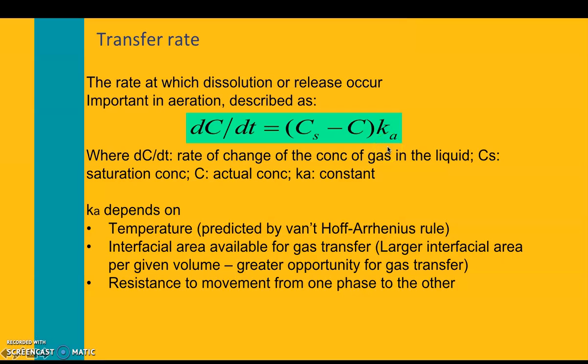Ka is a constant that depends on temperature, following the Arrhenius equation, and it also depends on interfacial area and the resistance to movement from one phase to another.